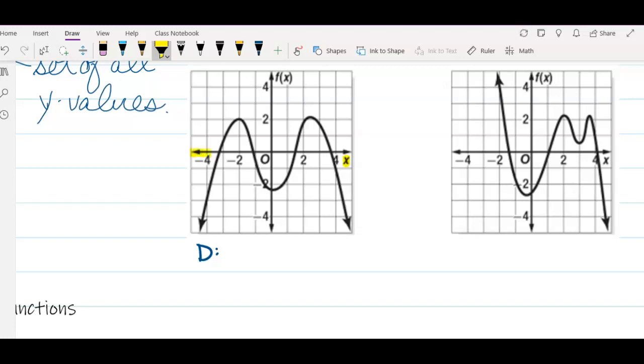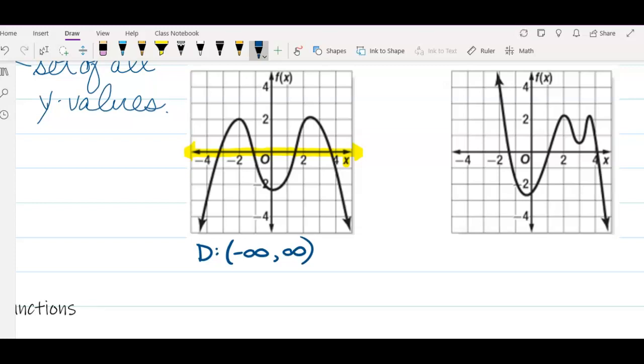I'm going to highlight whenever there is graph above or below my pen. And as you can see, it goes on forever. It looks like it kind of stops here, but remember there's an arrow, so it goes forever because of these arrows, which means that my domain is all real numbers from negative infinity to positive infinity.